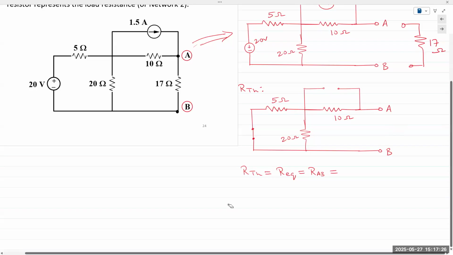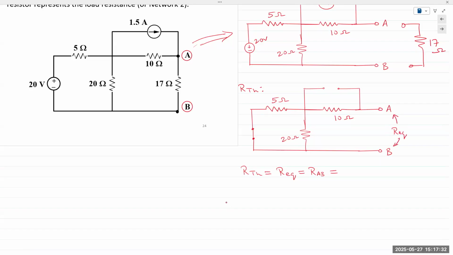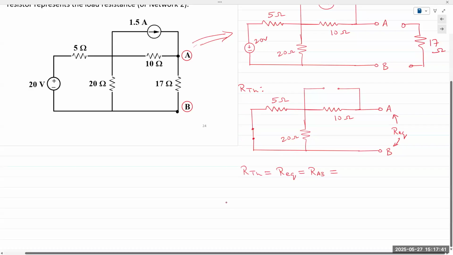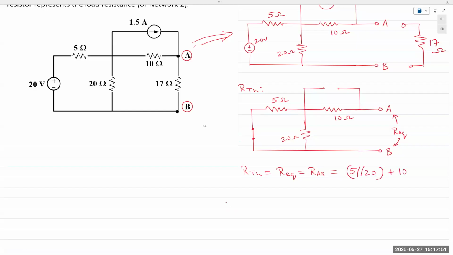So this is our Req as seen from the perspective of A and B. At the farthest end, we have 5. It's now connected to the other end of 20. So 5 and 20 are in parallel. And then that brings those resistors in series with a 10 ohm resistor.